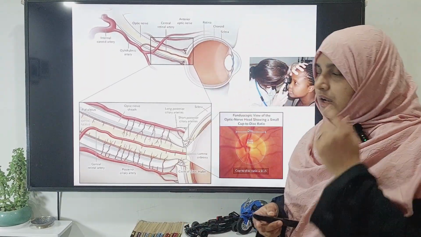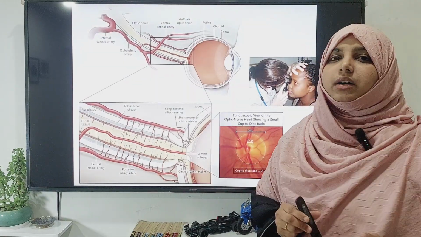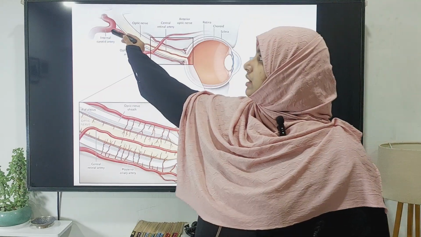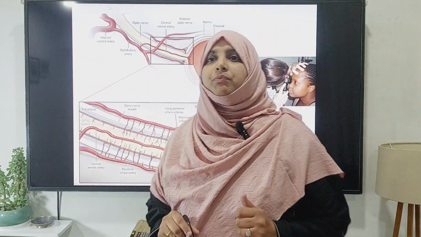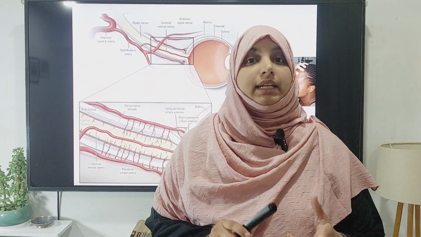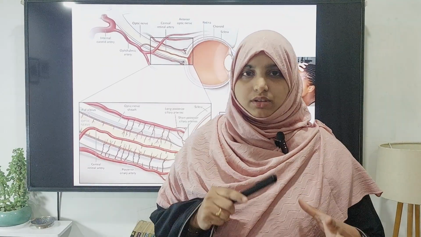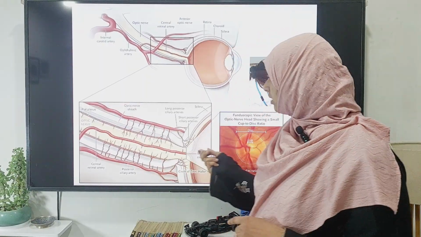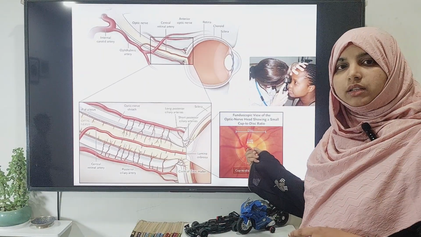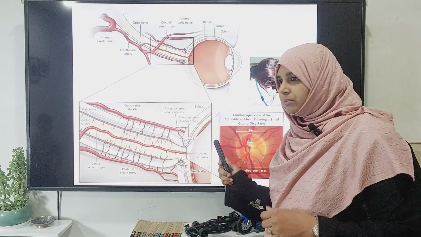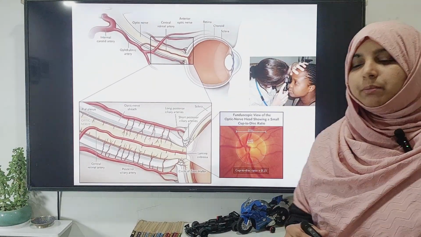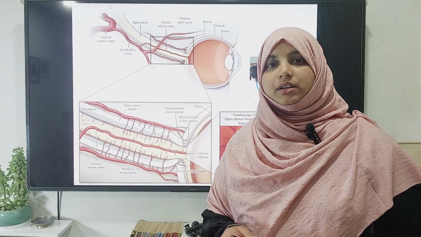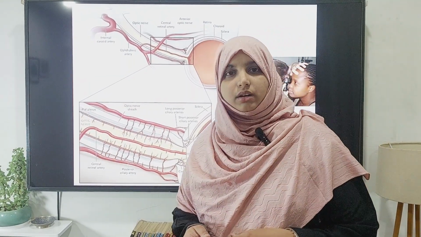One more interesting thing about the central retinal artery is that it arises from the internal carotid artery. Now you tell me, if there is increased pressure in the vascular system within the cranial cavity, will that reflect in the retinal branches? Yes. Here we can see increased pulsations and different changes in the vessels through the fundoscope itself.